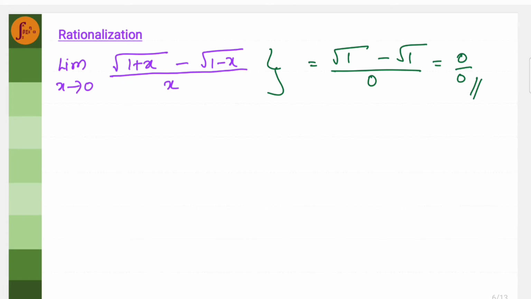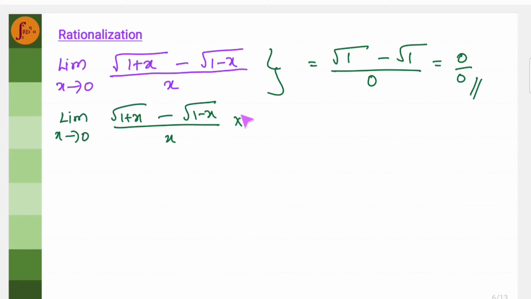So what do we do for rationalization? We multiply and divide the numerator and denominator by this expression, whatever is given here, but with the opposite sign. So let's copy this expression, limit x tending to 0.